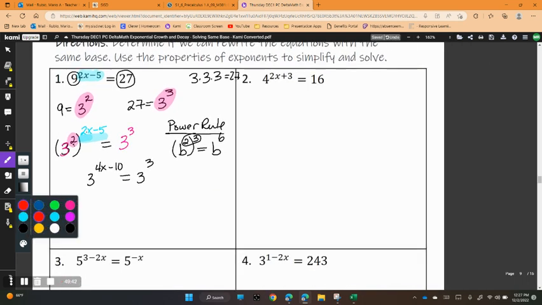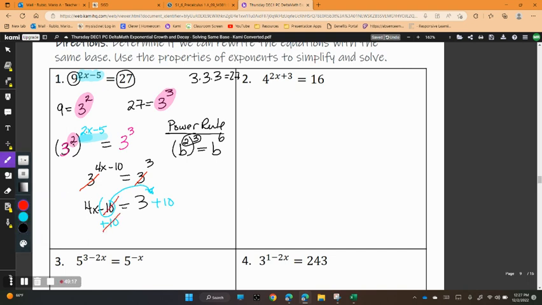Now that I have the same base, you can actually cancel out these bases. There's another rule that allows us to do that. You cancel out the bases, and now I just bring down my exponents and set them equal to each other. Then I've got to bring this 10 over to the other side so I can solve for x. So we're going to add 10 to both sides.